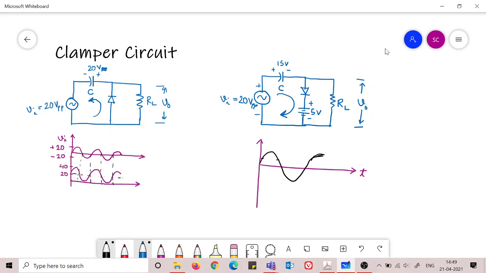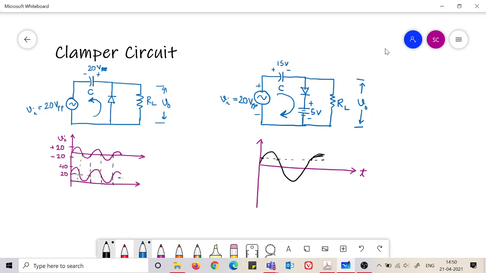Again the value drops below 5 volt in this region, and in this entire region it is below 5 volt. What happens in this entire region? When the input voltage is below 5 volts, the diode is off. The charging has taken place completely. During this region the charging has also taken place, and now you see this voltage is always present there, because the discharge will not happen.